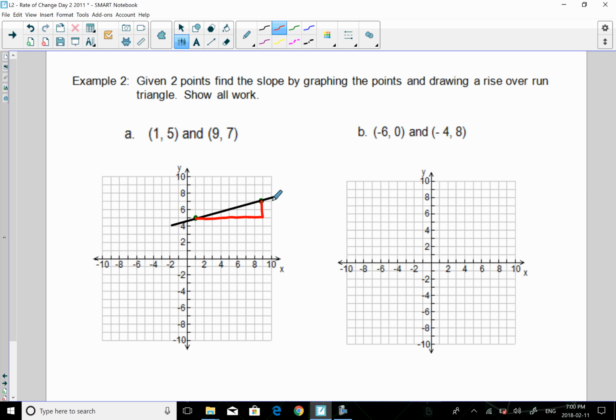Let's think about how much this has changed. So this is 1 and 5 and 9 and 7. We can use the slope formula, or we can look at the change. So we went from 5 to 7. That's 2 numbers. So 2 numbers here.